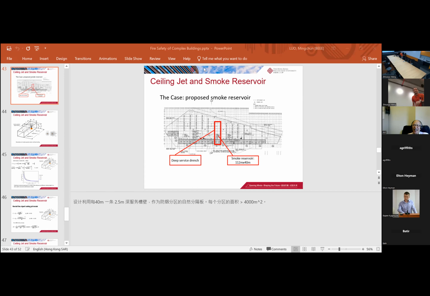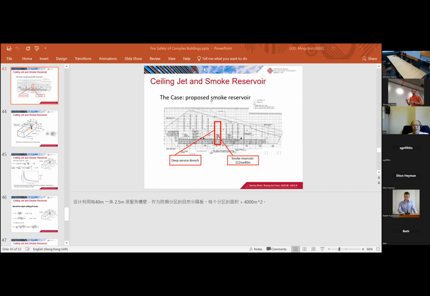Just a last question, because I was thinking about this rectangular smoke reservoir. We fire engineers involved in the initial stages of a project will not know the internal layout, especially what will be coming at ceiling level. For example, there might be some service lines passing through, and these are obstructions which we don't take into account in our calculations initially.